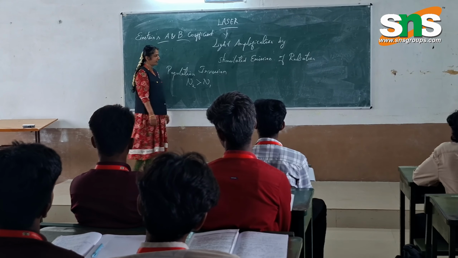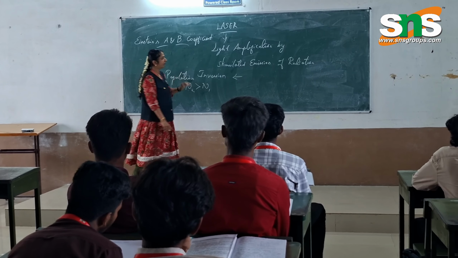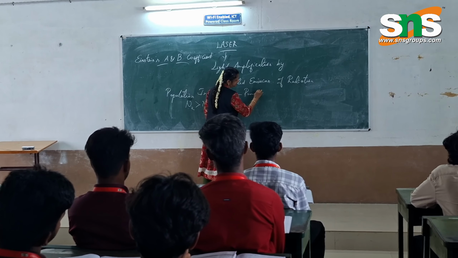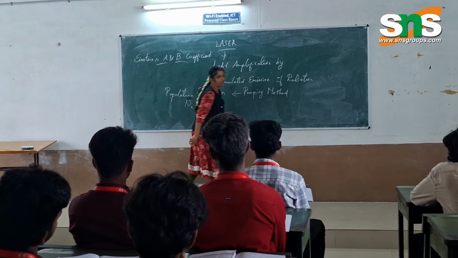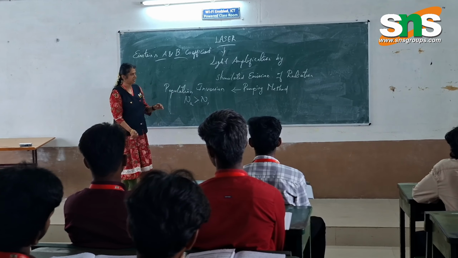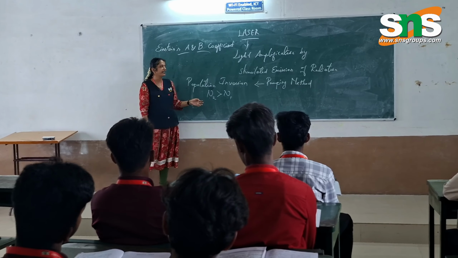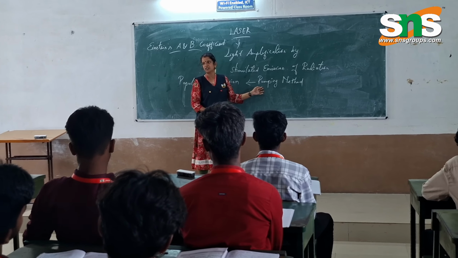Okay. Next one is, by achieving this population inversion, we need a pumping method. So pumping method is nothing but the process which is required to achieve the population inversion, and in that we have different types of pumping methods. What are they?